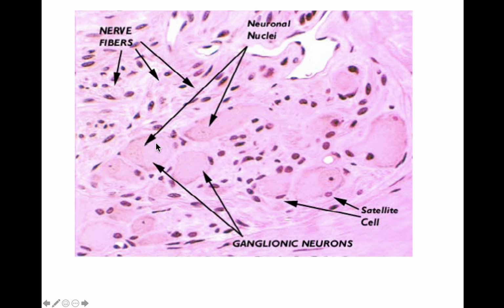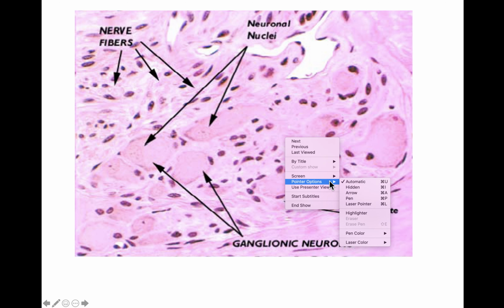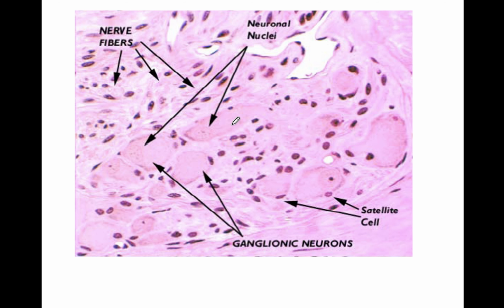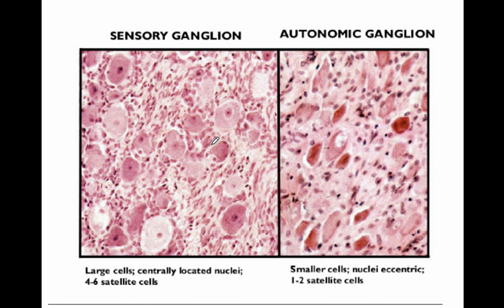This is the motor ganglia, and here we need to see that the nuclei are found in the periphery and surrounded by 2 to 3 cells of the satellite cells, whereas in the sensory ganglia, the nucleus is found in the center and usually surrounded by 3 to 6 cells.